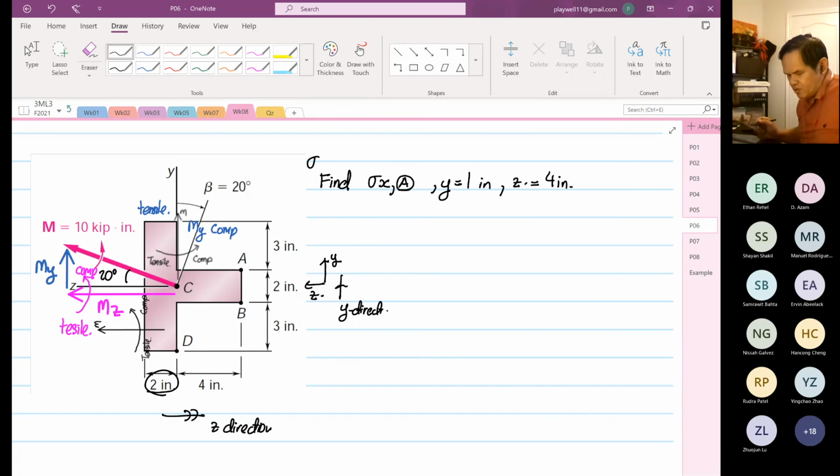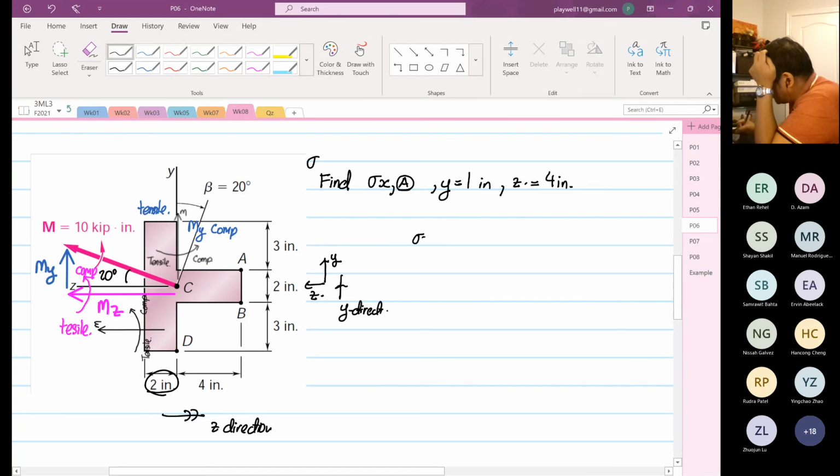So from here, you're going to find stress X at point A, right? So the formula is equal to My over Iyy multiplied by Z, right? Plus, or we don't know yet, Mz over Izz multiplied by Y, okay?